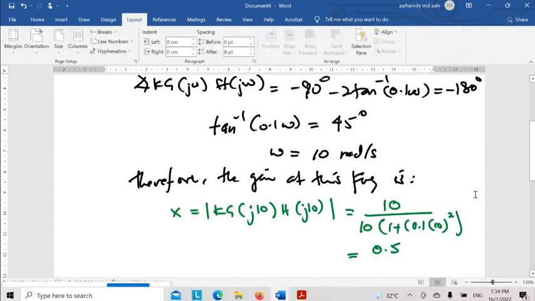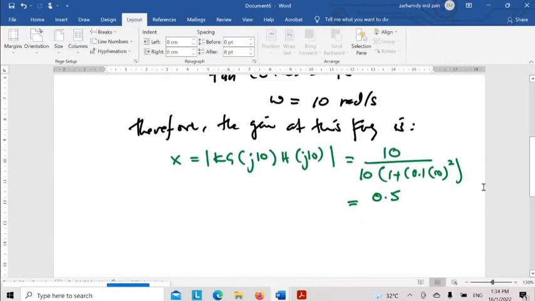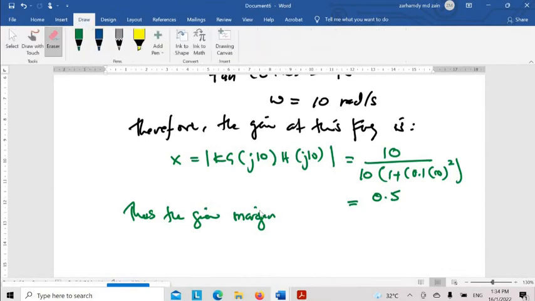Thus, the gain margin, we continue with the same formula, GM equal to 1 over X. We have 1 over 0.5, and we have 2.